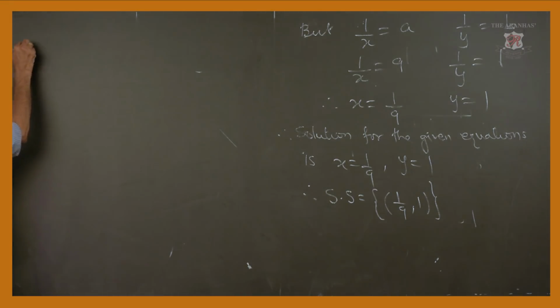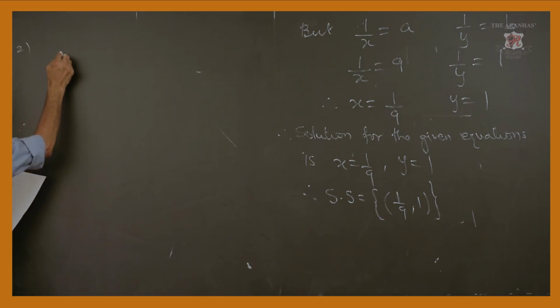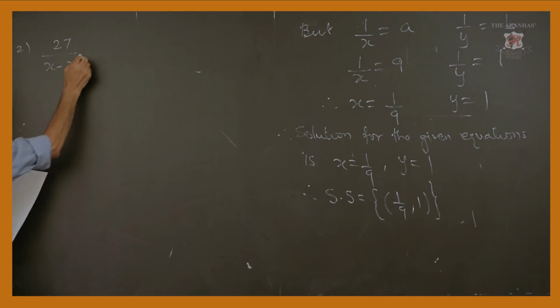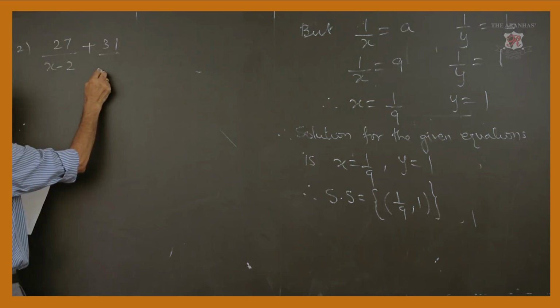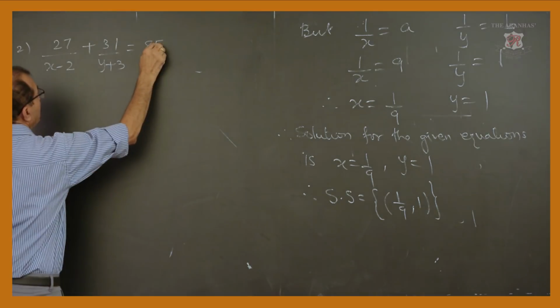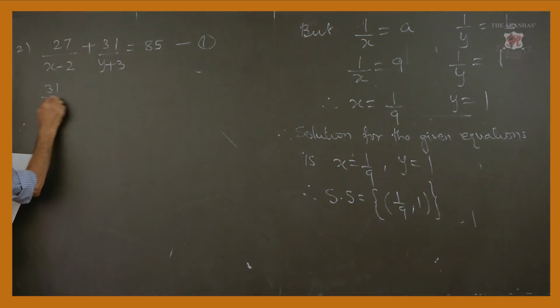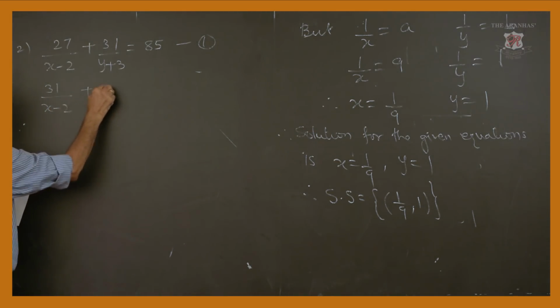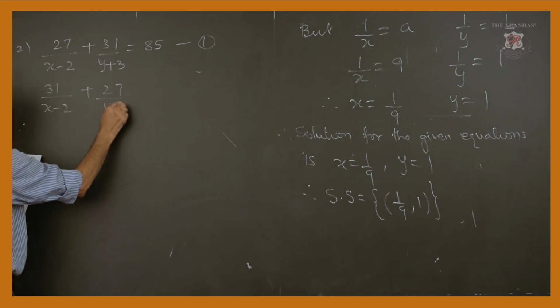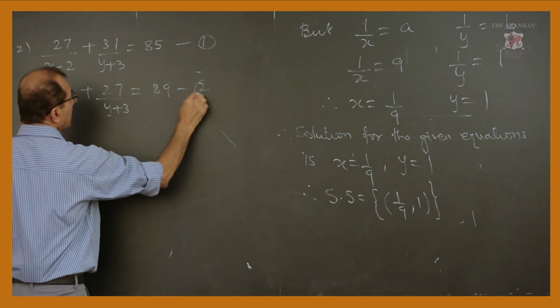The second example, 27 upon x minus 2 plus 31 upon y plus 3 is equal to 85 is the first equation. 31 upon x minus 2 plus 27 upon y plus 3 is equal to 89. This is my second equation.